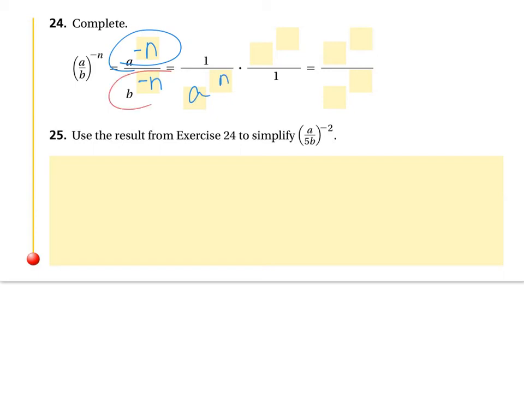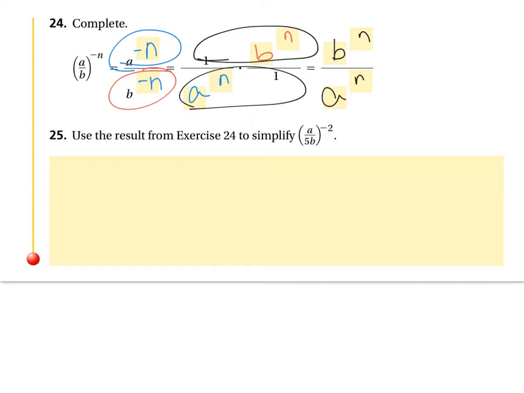And right now our b is in the denominator, so it's going to move to the numerator and become b to the nth power over 1. So our final answer here will be b to the nth power, when we multiply straight across, over a to the nth power. So in short, what's happening is this negative symbol is flipping what's inside the parentheses.